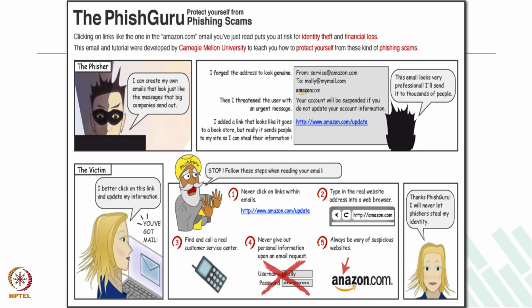The fisher character is represented on the top strip: I can create my own emails, I forge addresses, this email looks very professional, I'll send it to thousands of people. Then the victim is getting the email, and fish guru is saying stop, follow these steps when reading your email, never click on links, find and call a real customer service, all of that. And then at the end, the victim says, thanks fish guru, I will never let fisher steal my identity.